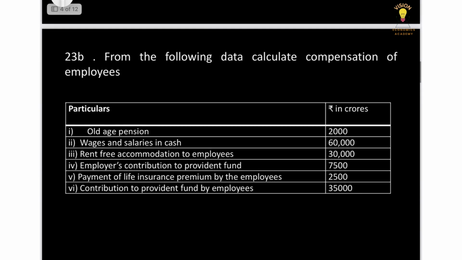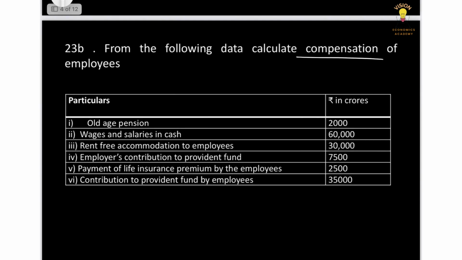Now 23B, we have to find compensation of employees. Wages and salaries in cash is part of it. Rent free accommodation to employees is given by the employer, so it would be part of the compensation of employees. And employer's contribution to provident fund is added.